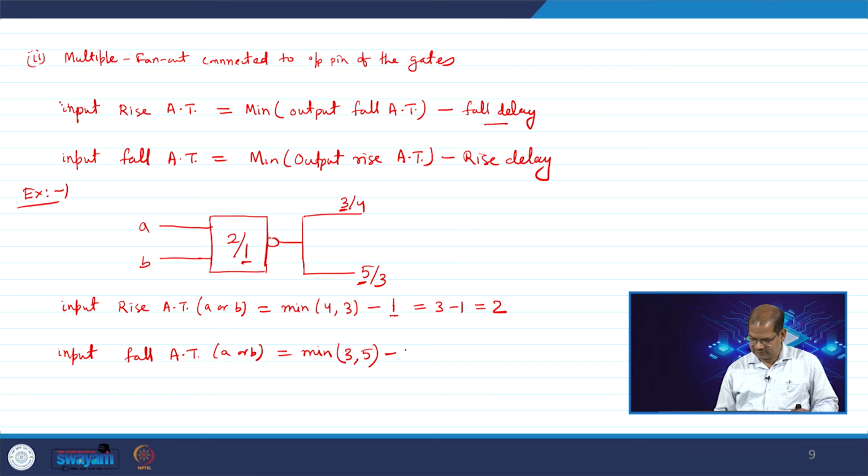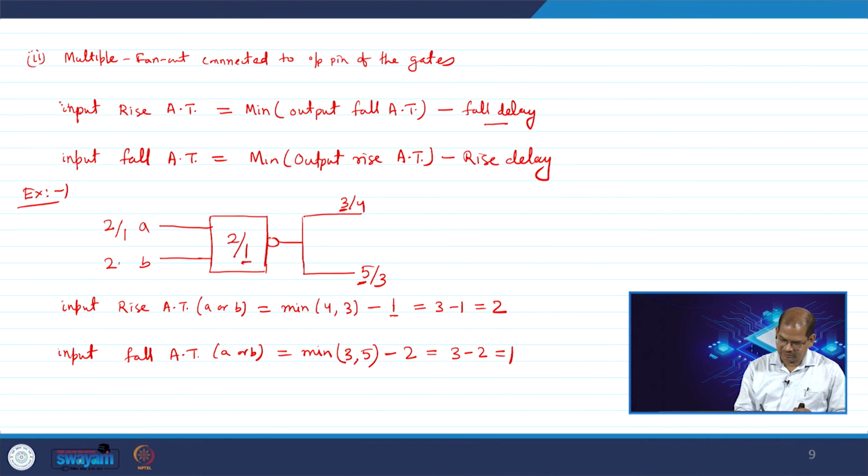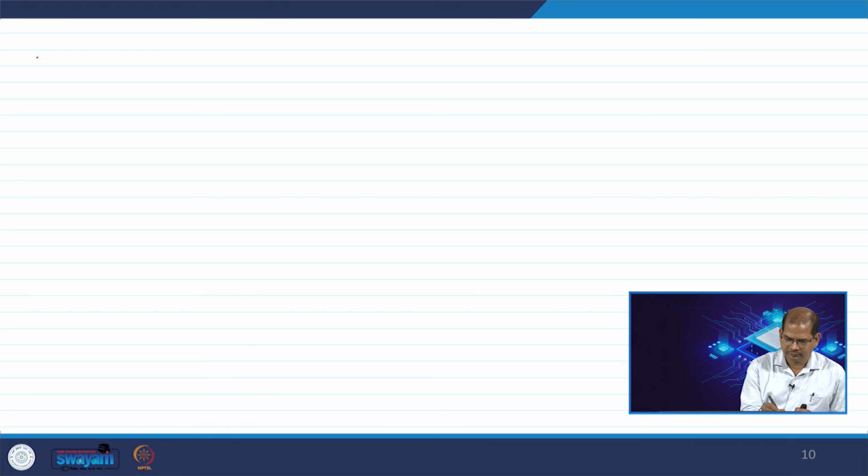Rise delay is 2 here. So, the minimum of this is 3 minus 2, which is 1. So, the input rise and fall arrival time at A and B is 2 by 1, here also 2 by 1. Same input arrival time for non-inverting gates.